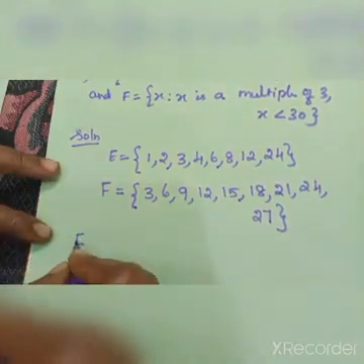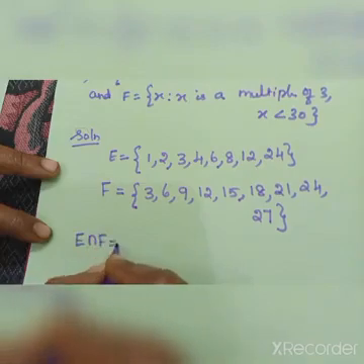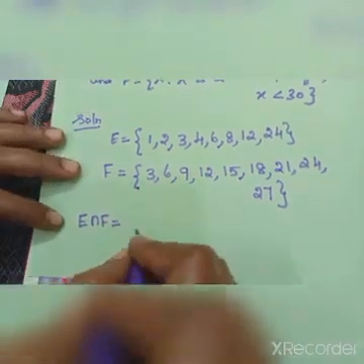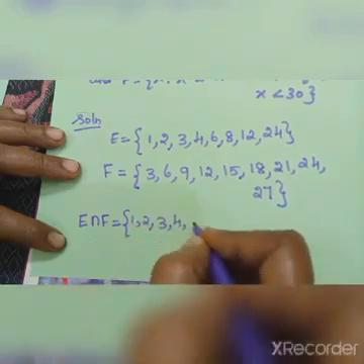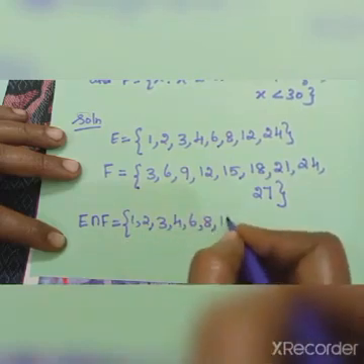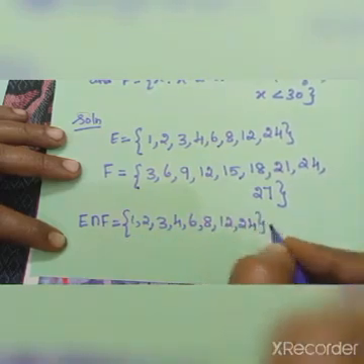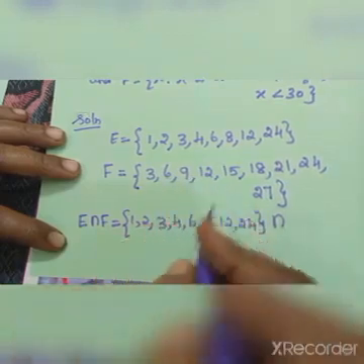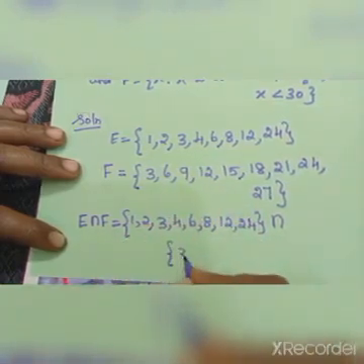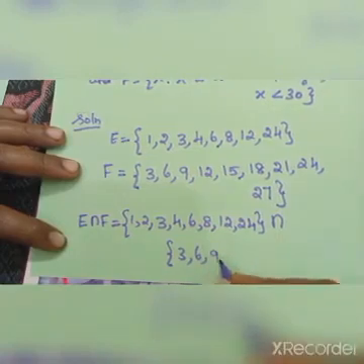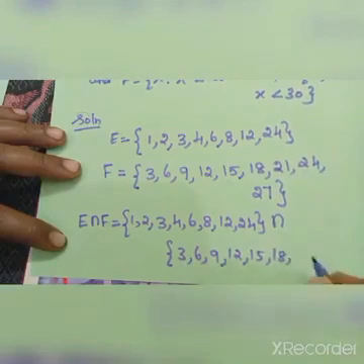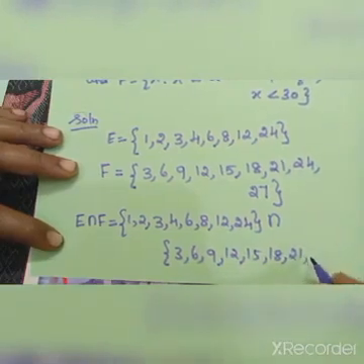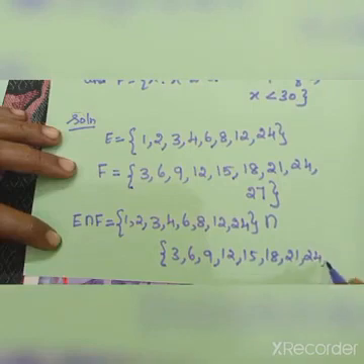So for that, E intersection F is equal to: E set, that is first 1, 2, 3, 4, 6, 8, 12, 24, intersection F set, that is 3, 6, 9, 12, 15, 18, 21, 24, 27.